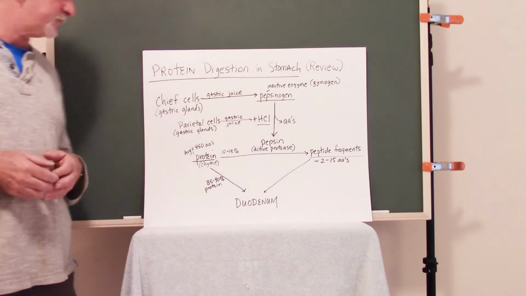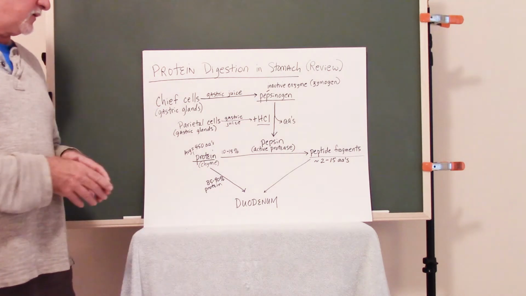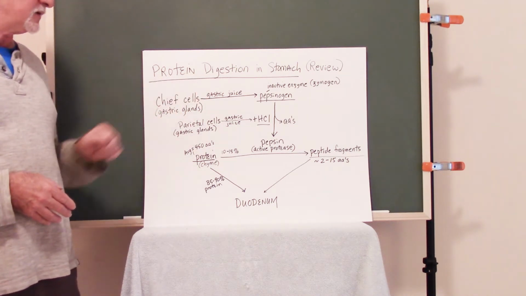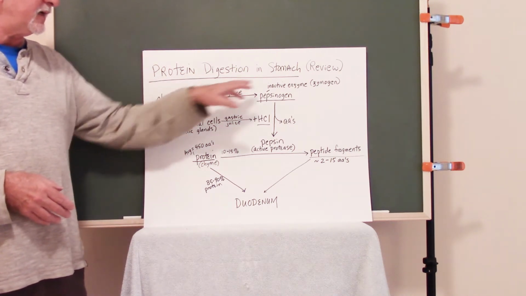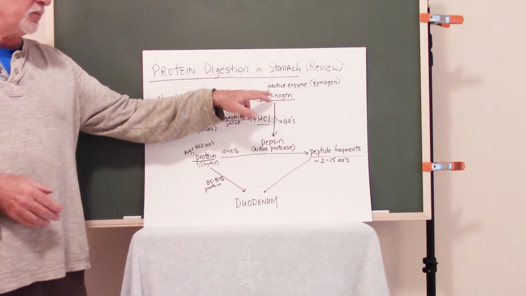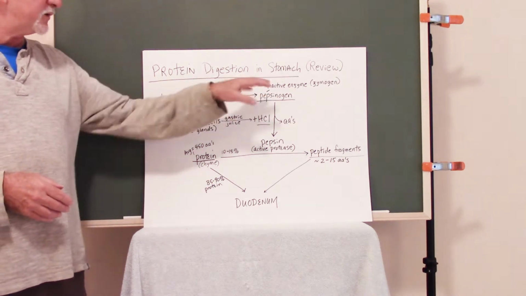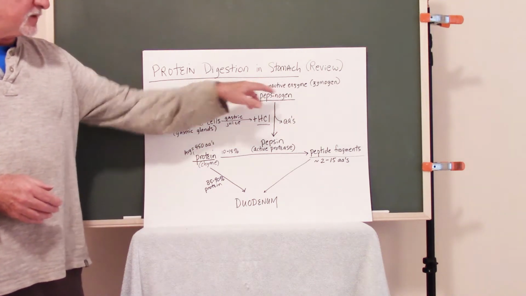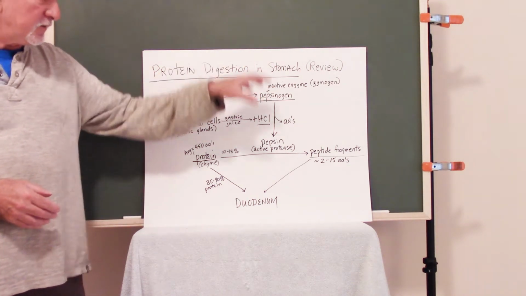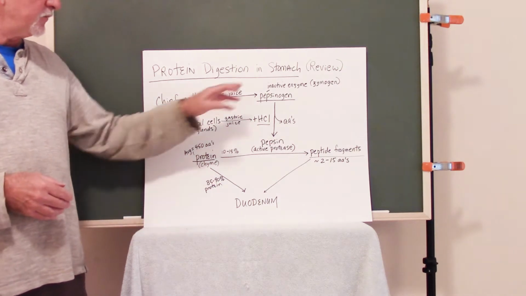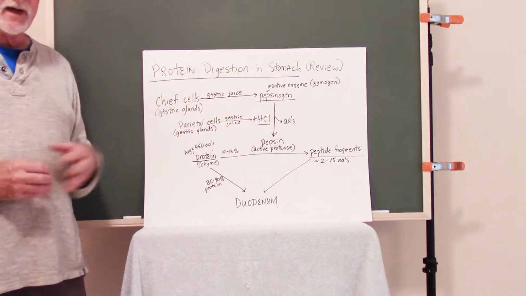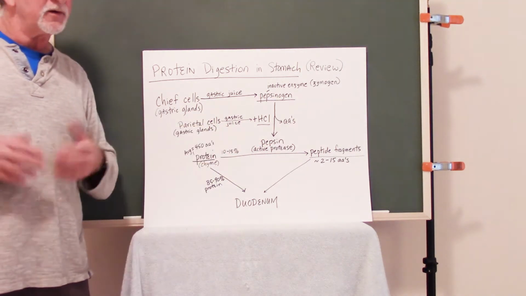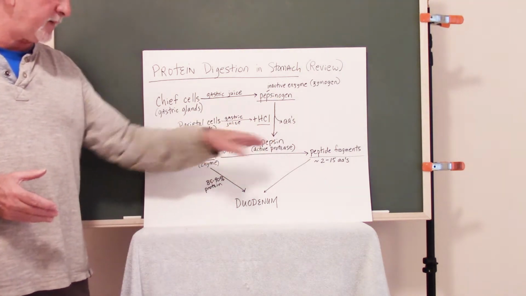the stomach. So chief cells are cells of the gastric glands that secrete an inactive enzyme called pepsinogen, which is present in the gastric juice. Pepsinogen in the lumen of the stomach reacts with hydrochloric acid to form an active protease, or active enzyme, called pepsin.